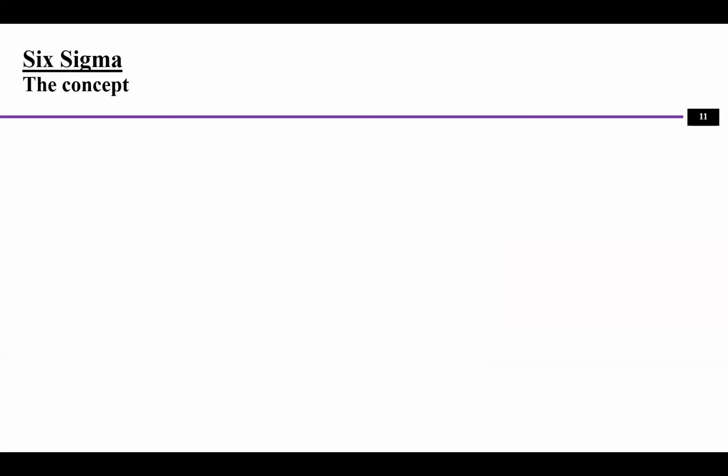And then the next concept is Six Sigma. There are actually different ways to understand it, and people may refer to it differently. For example, in quality control, Six Sigma is talking about the probability of defects in your production, right?